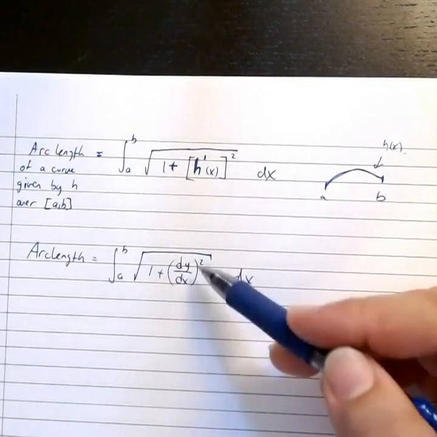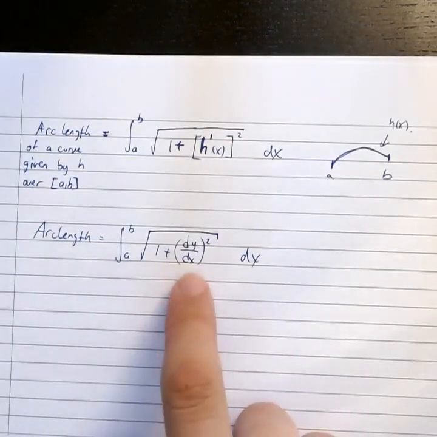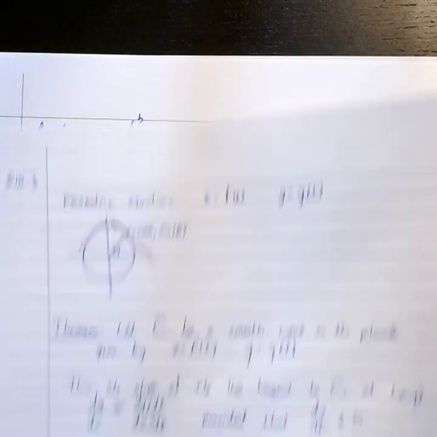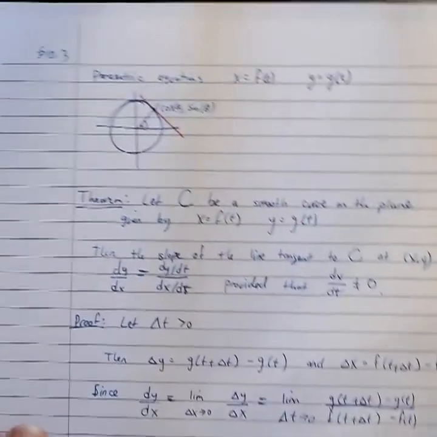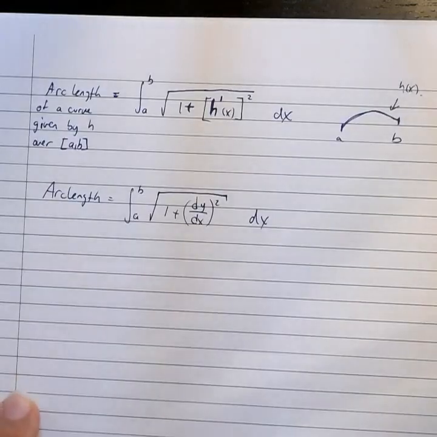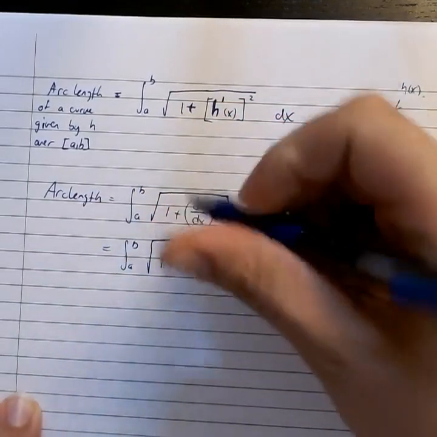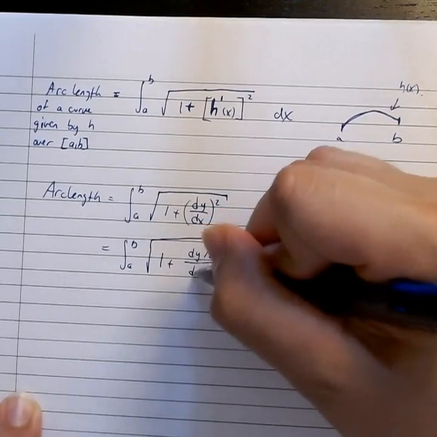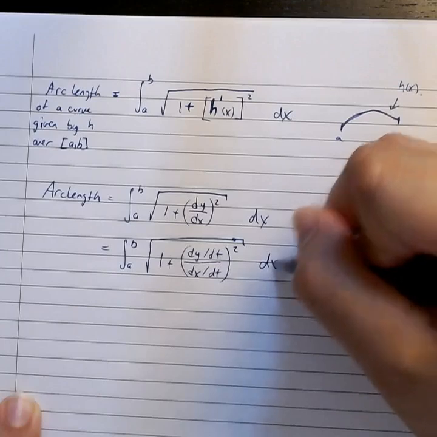It means the same thing. Dy dx is the same as the function prime. Well, sure. It's absolutely true. But if you write it this way, we can now use our previous theorem, which says that, hey, if I want to find dy dx, that's easy to do if I have x and y written with parametric equations. So here, I can write this as the integral from a to b of the square root of 1 plus dy dx can be written as dy dt over dx dt, quantity squared. Just like that.